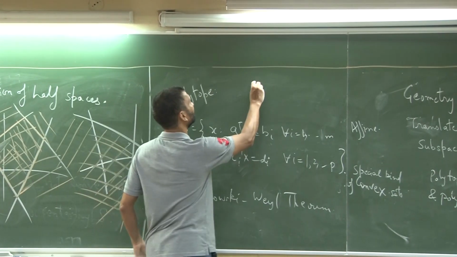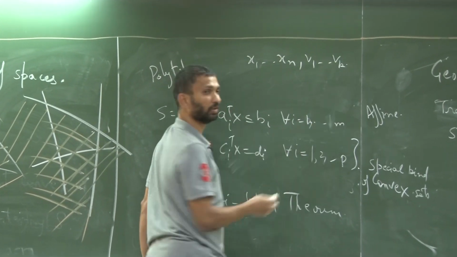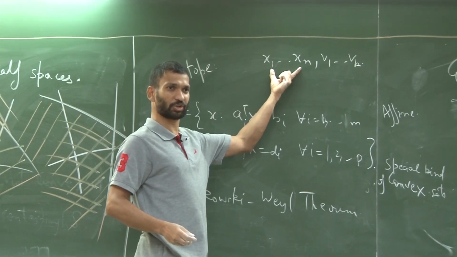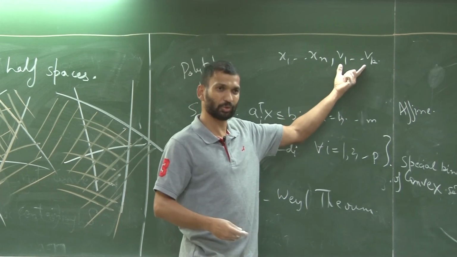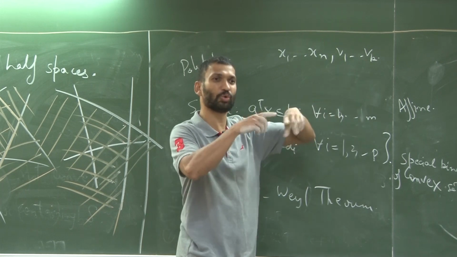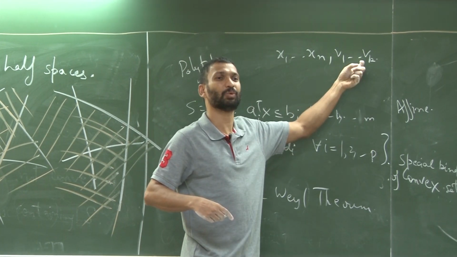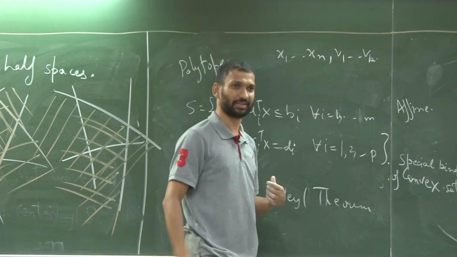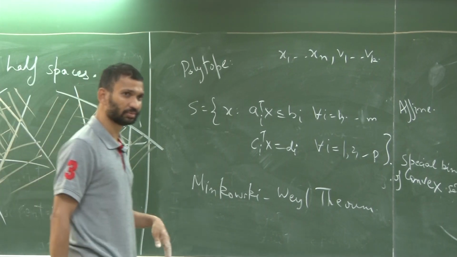So yeah, x1 to xn, v1 to vk, then it is a convex combination of this plus, I haven't defined cones for you yet, but you can extend them in this direction, v1 to vk. Here the coefficients of this need not sum up to 1. Just go in that direction as much as you like. Okay.